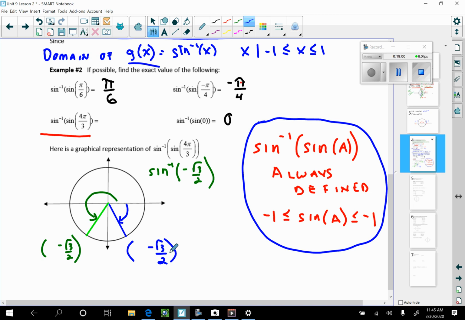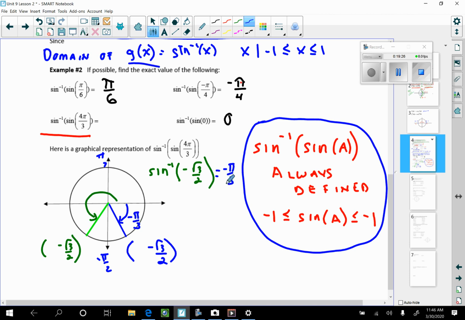And what angle? The sine of what? If the angle is between negative pi over 2 and pi over 2, what angle is that going to be? You bet, that angle is going to be negative pi over 3. So this is equal to negative pi over 3.